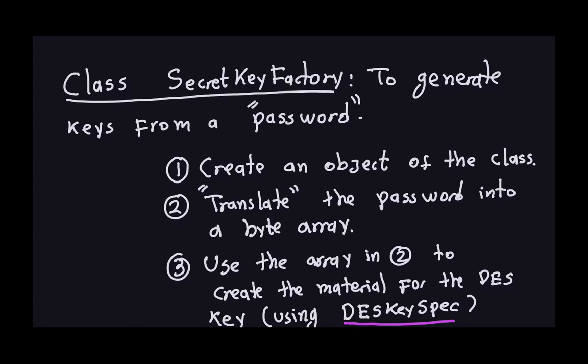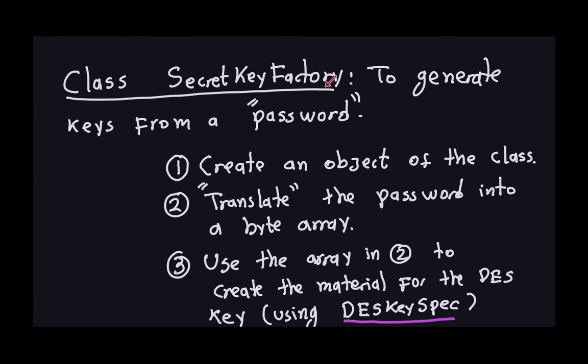Now, because we are talking about a password, which is usually a string of characters, the second part is to translate the password into a byte array. The reason is that the object we created from this class is going to take in a byte array.